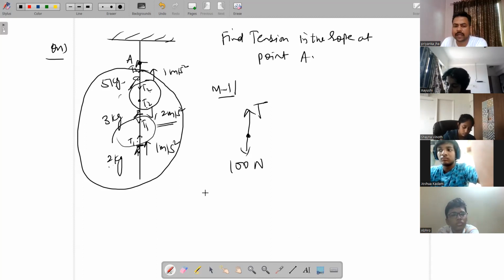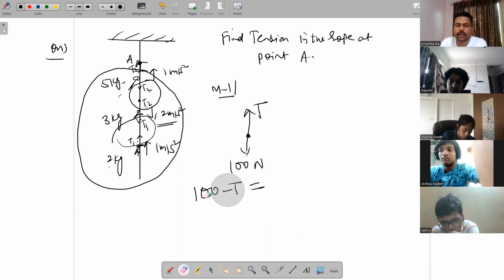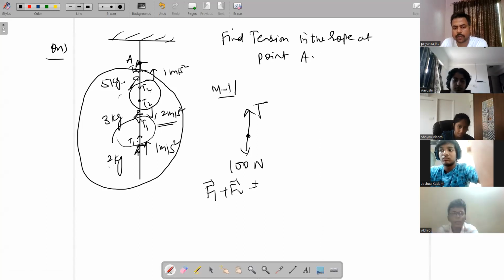In any direction you can find. Suppose I do like 100 minus T, I just assume that T is less than 100 Newton. So 100 minus T is equal to, or wait, we know that net force is F1 plus F2 plus F3.